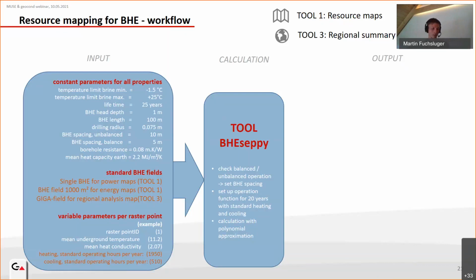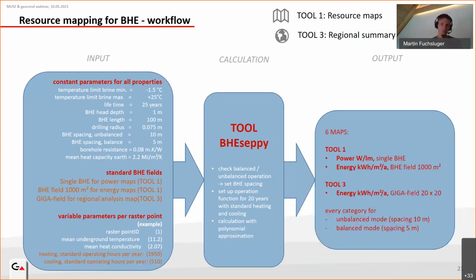So we calculate this for every raster point, and we approximate the G function: first calculated with the high-resolution G function, and then approximated with a polynomial function of 12 or 13 degrees.